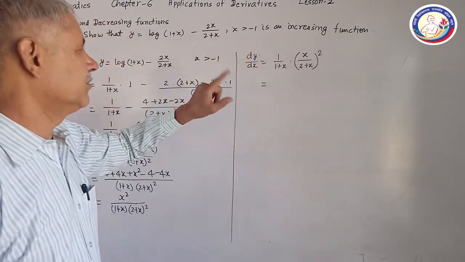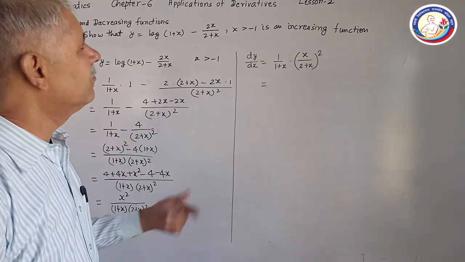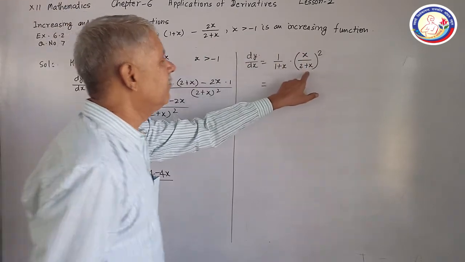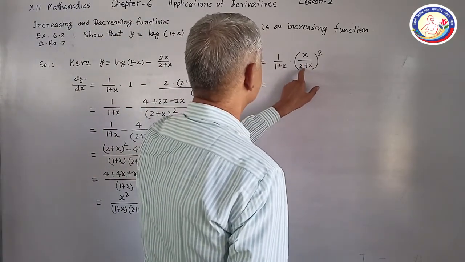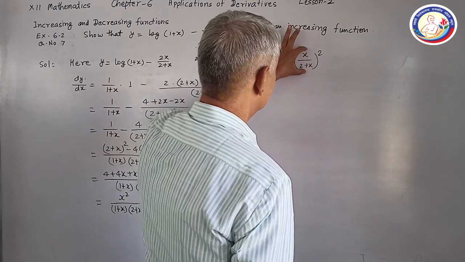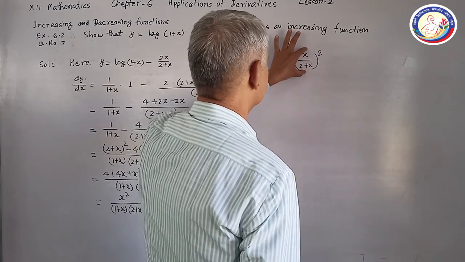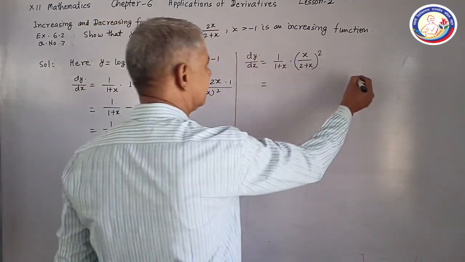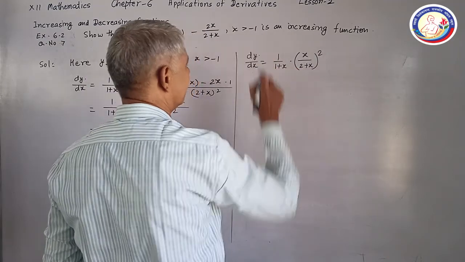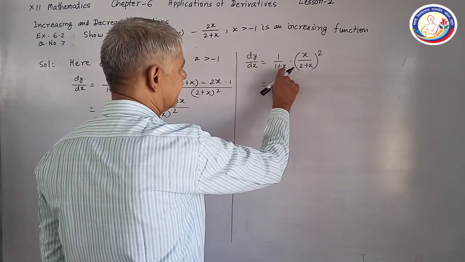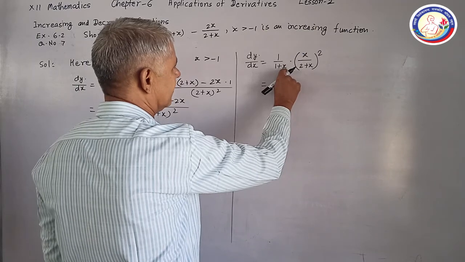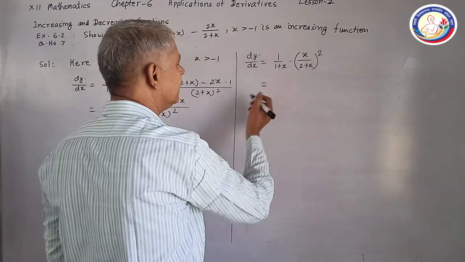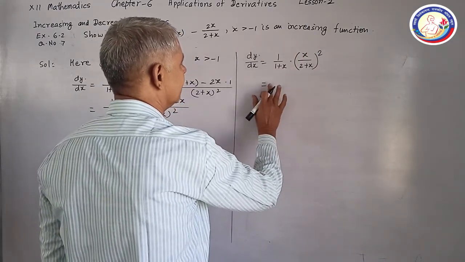Whatever may be the value of x, whether it is positive or negative, this term will be always positive, because the square of any number is positive, whether it is negative or positive. Now what about this? If x is greater than minus 1, then this term will be positive. This is positive and this is positive. It means it will be always positive.